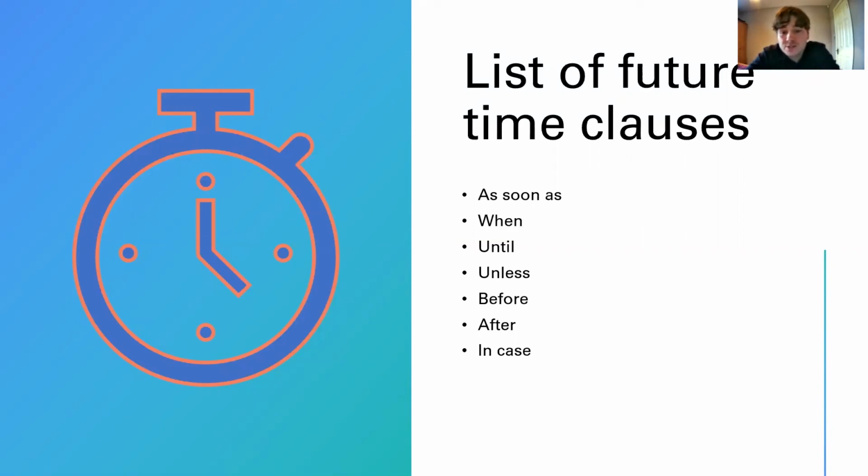For example, as soon as I get paid, I will buy that jacket. Future time clause with the present tense stuck together, future tense. As soon as I get paid, I will buy that jacket.